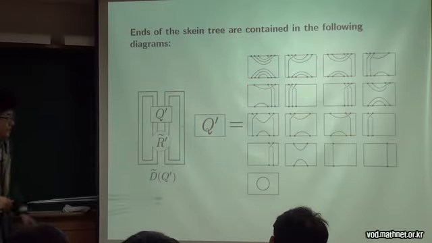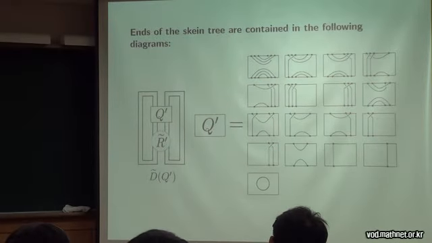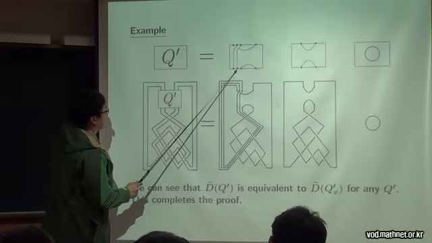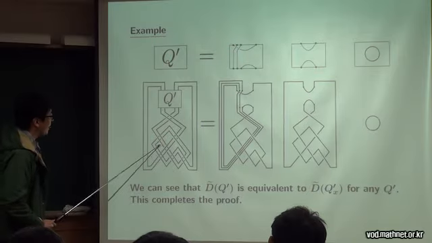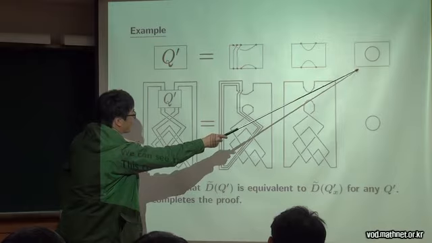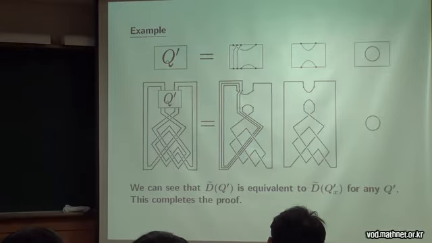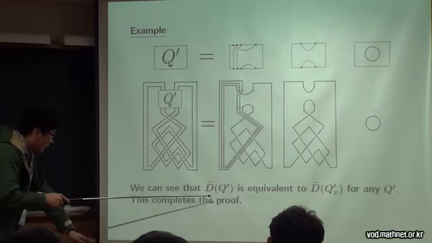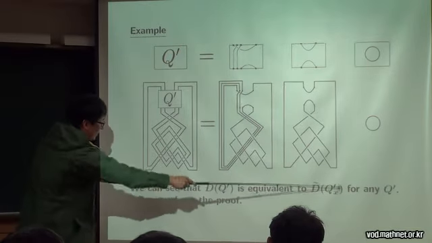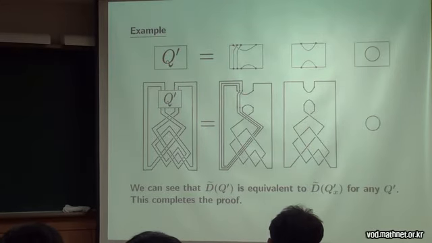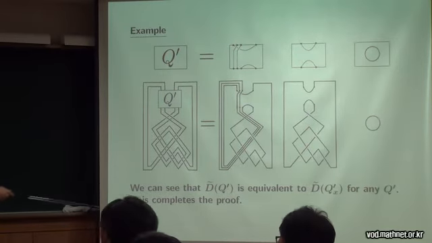And this diagram means the following. For example, in this case, this diagram means this diagram. This case is this, and this is a special case, but this means this diagram. And we can see that this bottom diagram of the skein tree is equivalent to this diagram for any q prime. So this completes the proof.